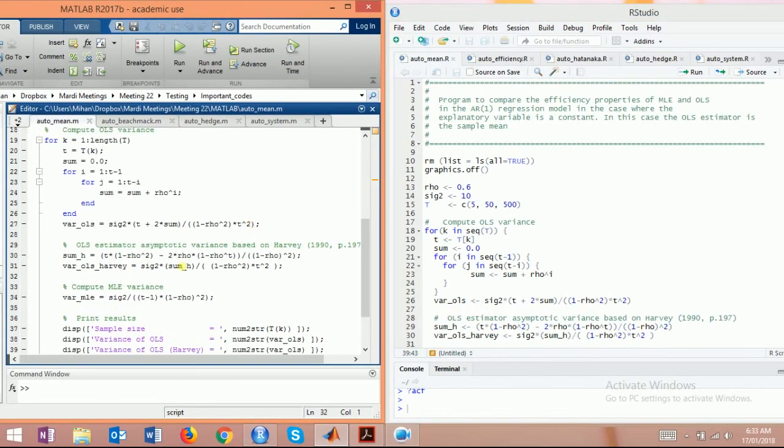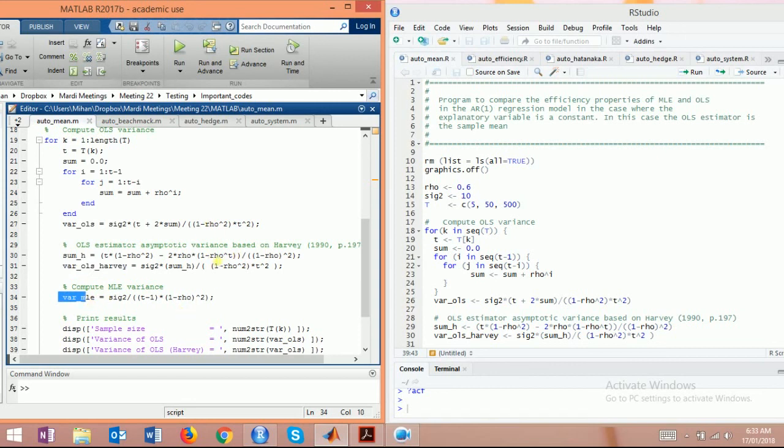Basically what we need to do is, if we divide the OLS Harvey one with the MLE, then we see how efficient it is.